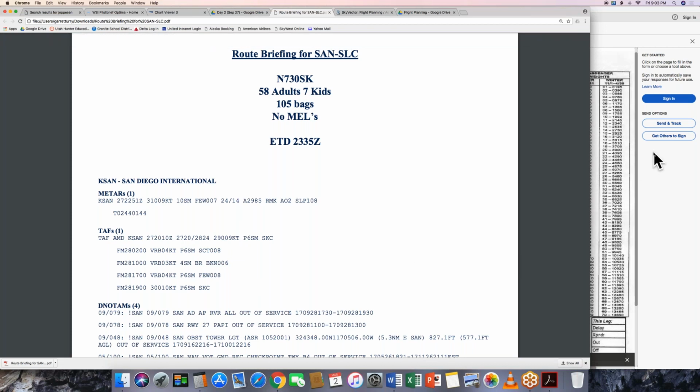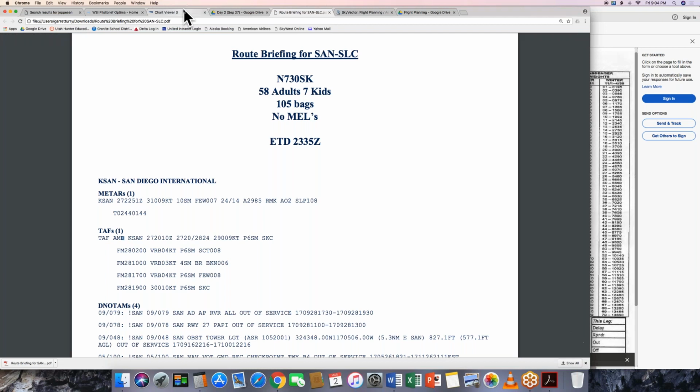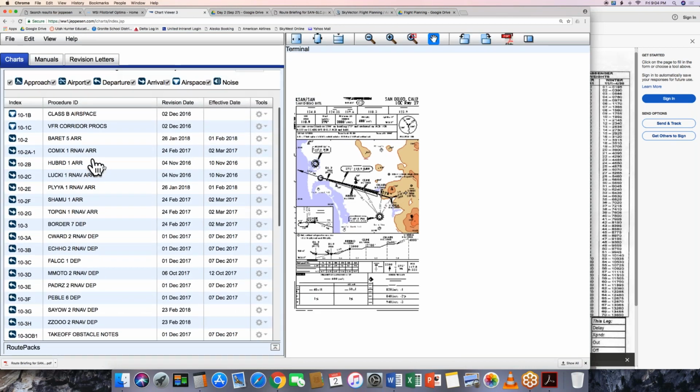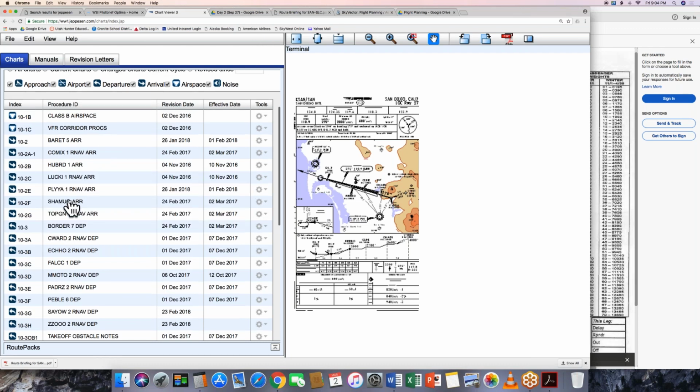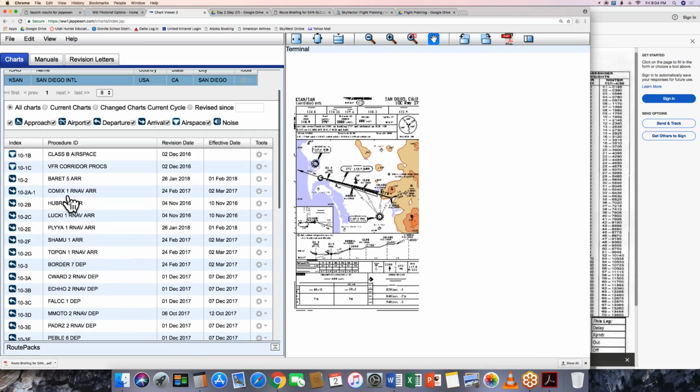So let's take a look at this, guys. Let's look at the altitude of San Diego. We know that it's pretty much sea level, right?